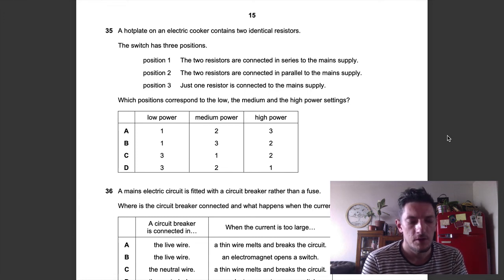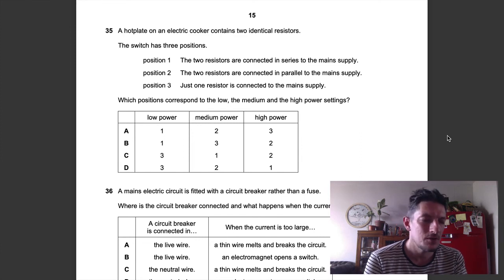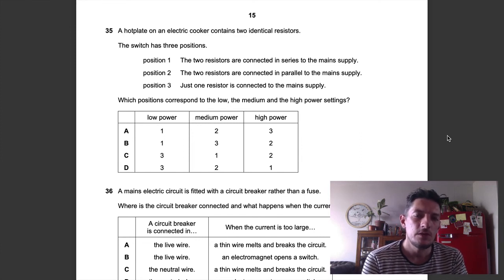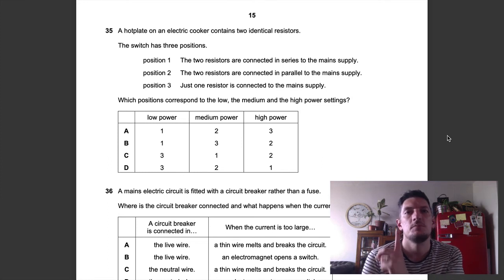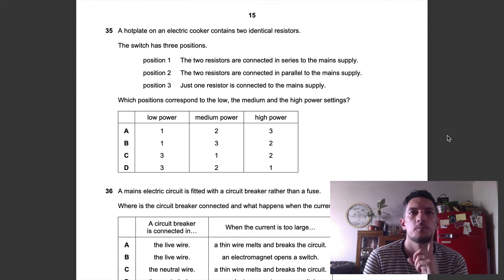Now, when you've got a higher resistance, it's got less power. The reason for that is because the current goes down, and now you've got less electricity going through, you've got less power. So the 2 in series are going to have the most resistance, and that's going to be the lowest power. And position 2 will be the highest power.